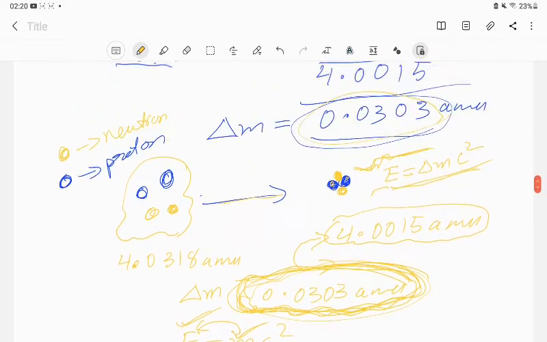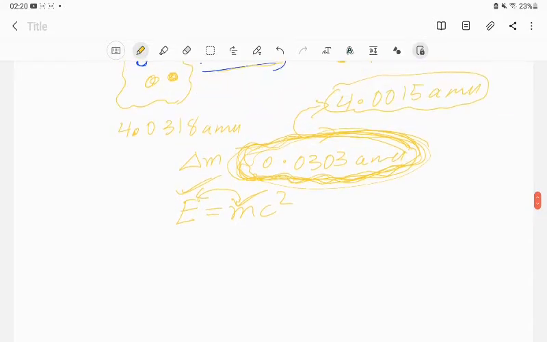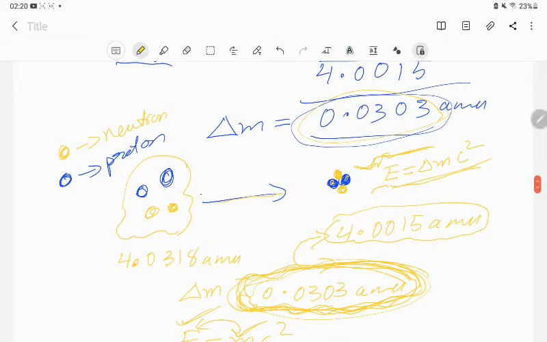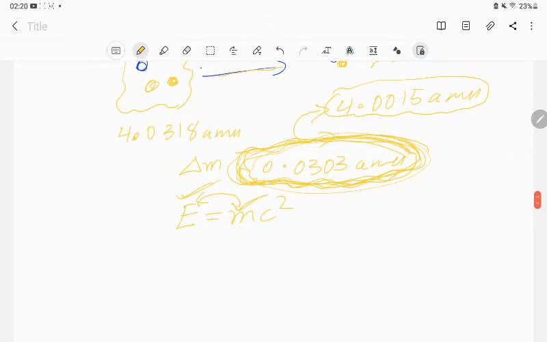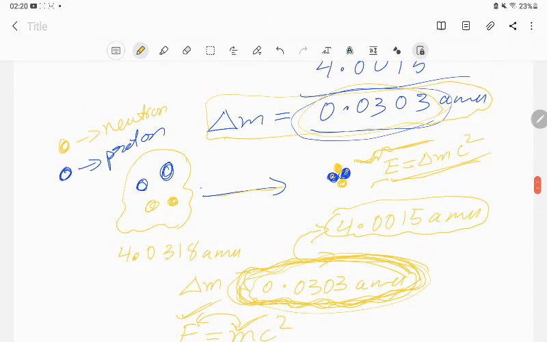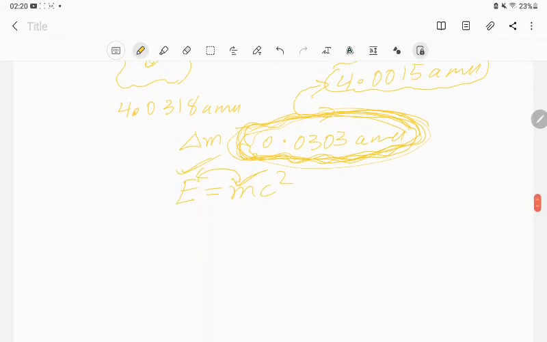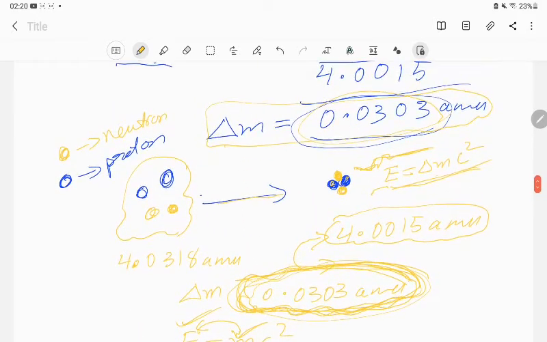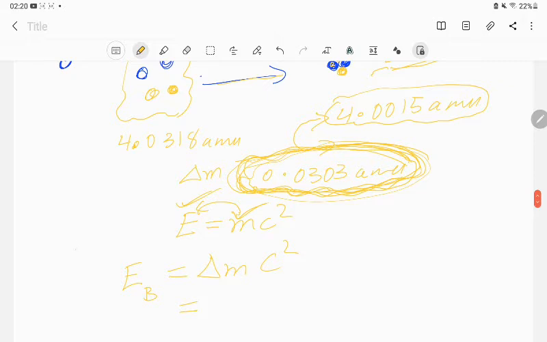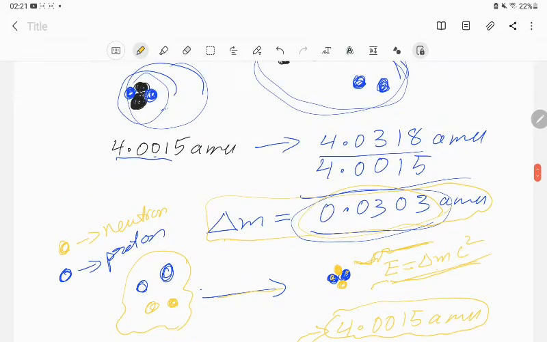Now here we got the mass defect. So binding energy, E_B, suffix B for binding, will be mass defect into c square. This is for the helium atom, because all this calculation is for helium.